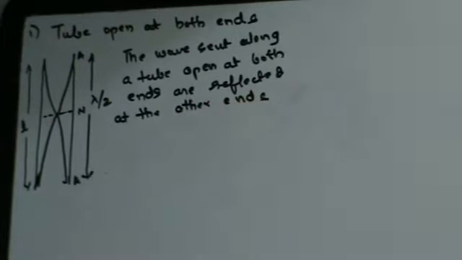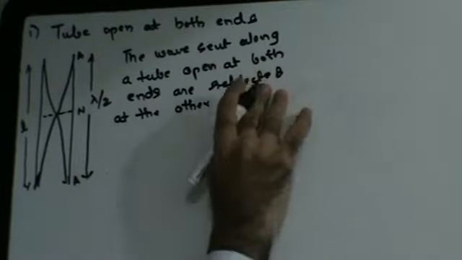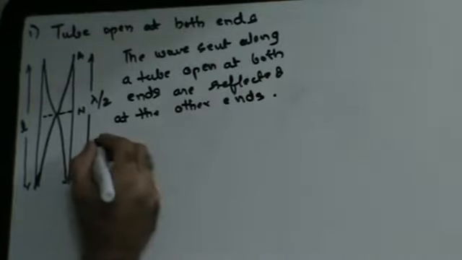Now the incident and the reflected wave would interfere with each other. As the wave moves in, it will interfere with the waves that you are sending in, and they would produce stationary waves.